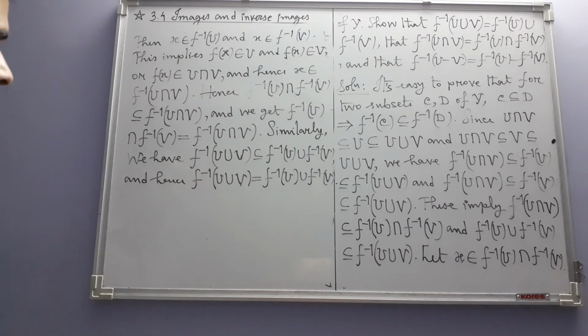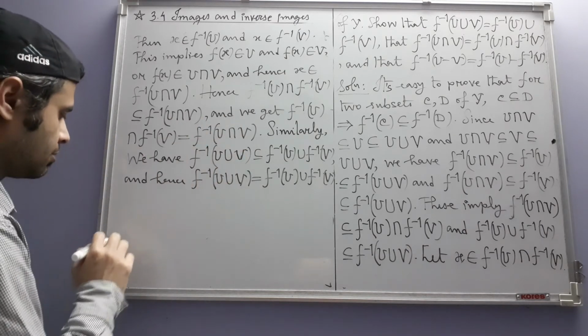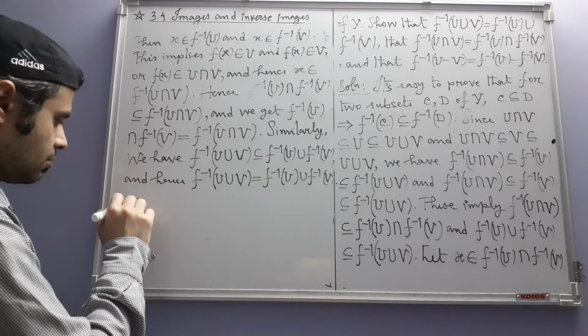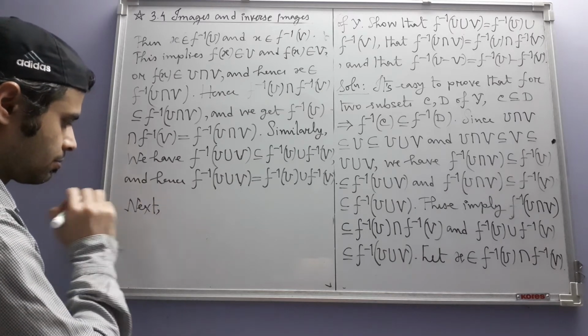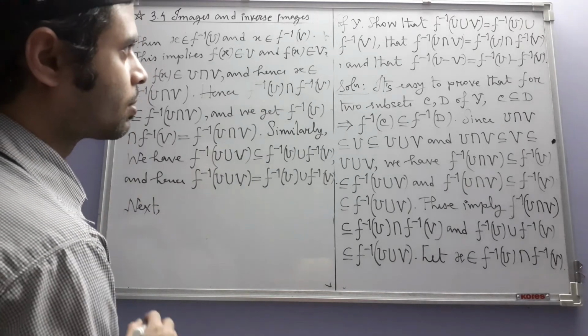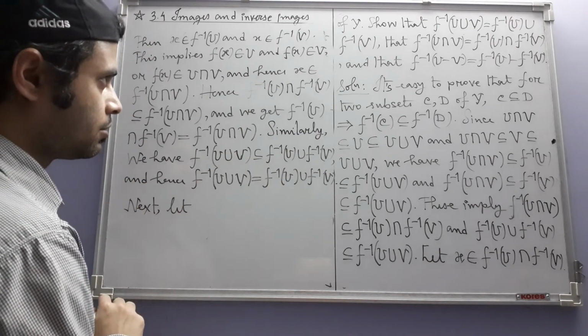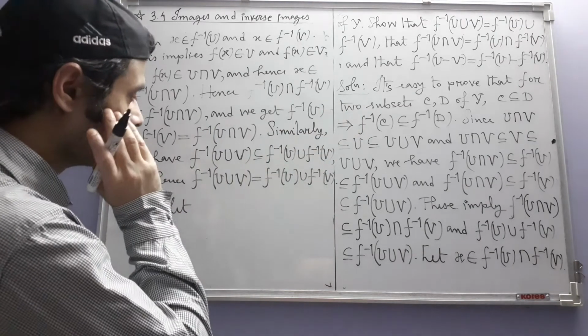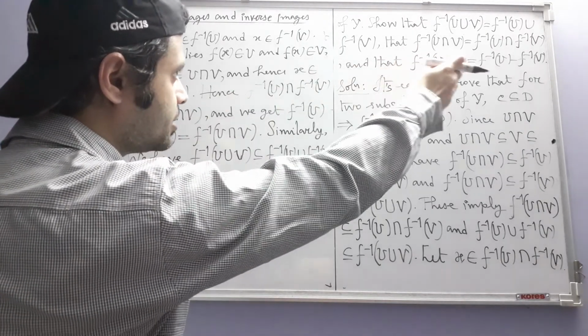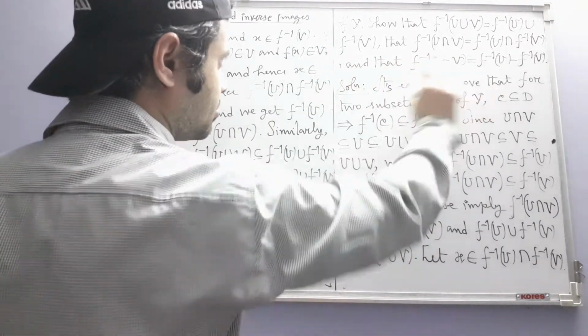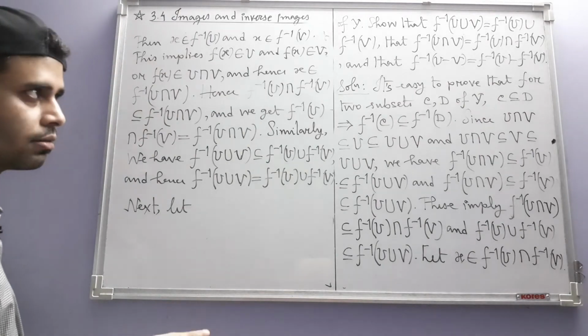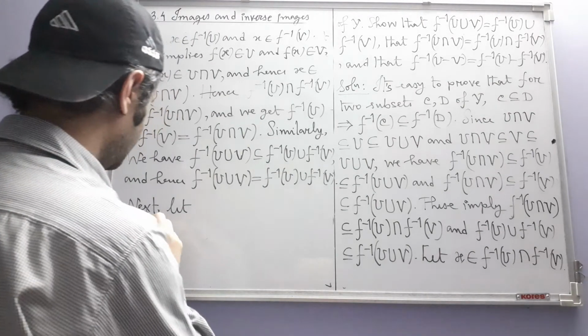Now we take the last one. It's just like that, we consider an element in this set and we prove that element is here, and the converse also.